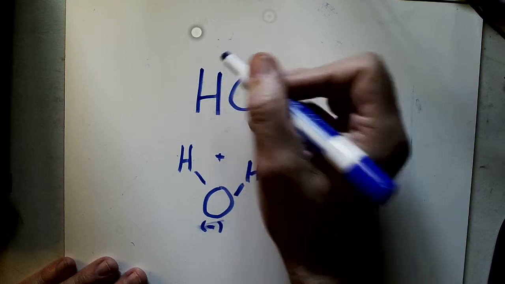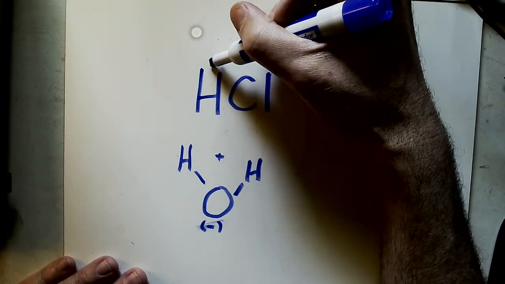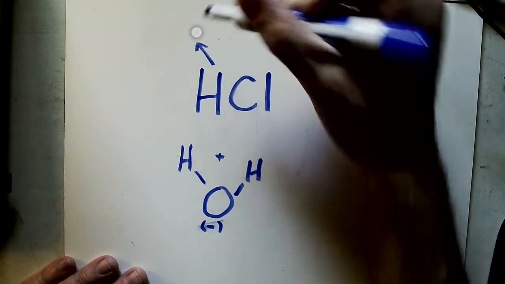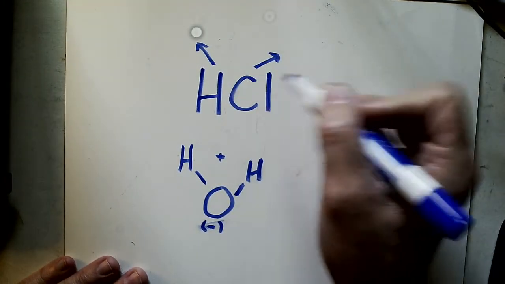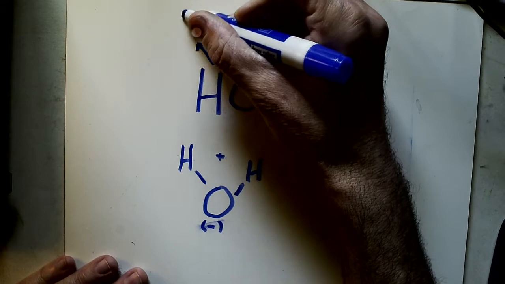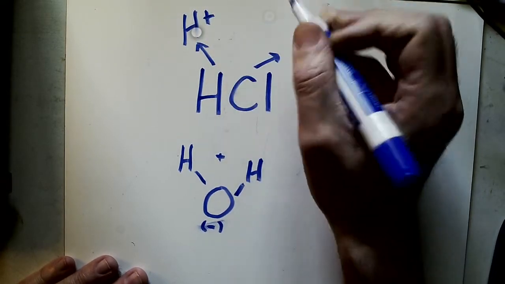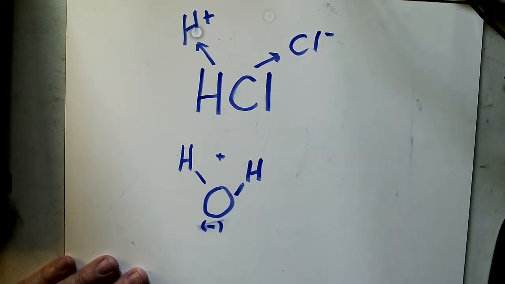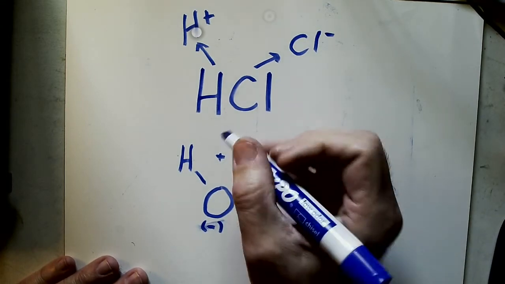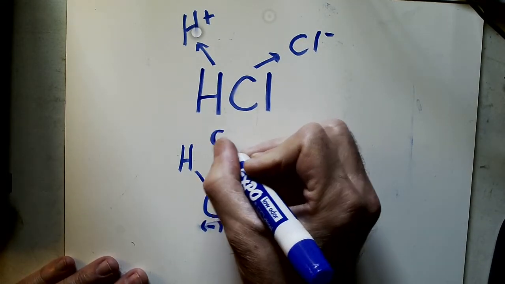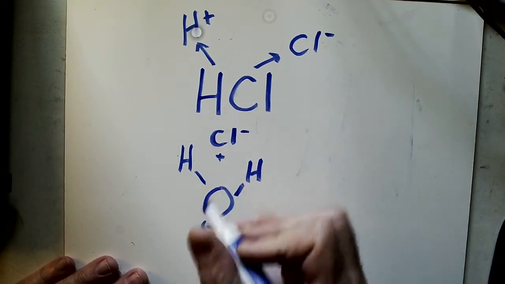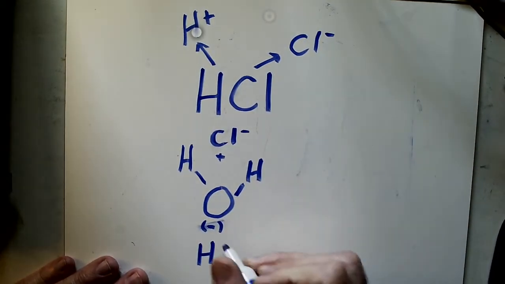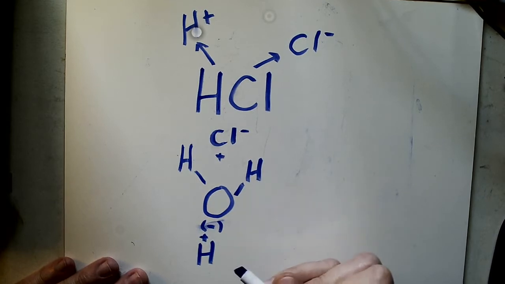So the way that HCl is going to dissolve in water is it's going to dissociate, and that's what it means, breaking apart, into a hydrogen ion and a chlorine ion. Okay, so the chlorine ion, just like with salt, attaches to the negative side of the water, and the H attaches to the positive side.